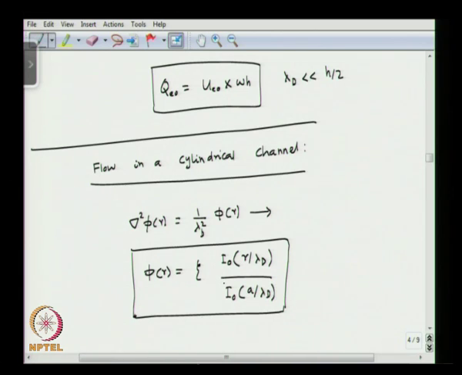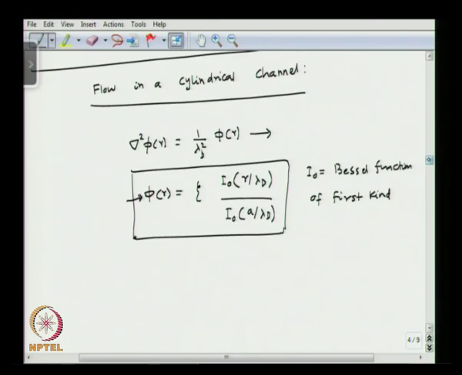So, this is how the potential is going to vary along the radial direction, where I0 is the Bessel function of the first kind. So, there are I0, I1, I2 like that.